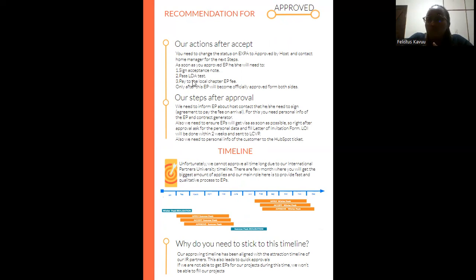So now like I said, an exchange participant becomes approved once they pay the approval fee. So first they sign the acceptance note, they fill the LDA, the Leadership Development Assessment test on Expa. They pay the LC approval fee that is handled by the home LC, which is why I said if you have contact with the home LC, this process can be hastened so much.